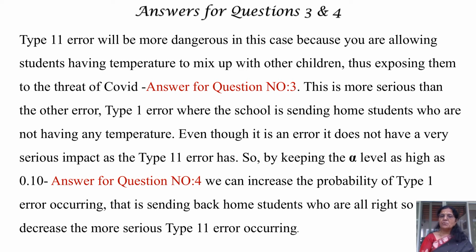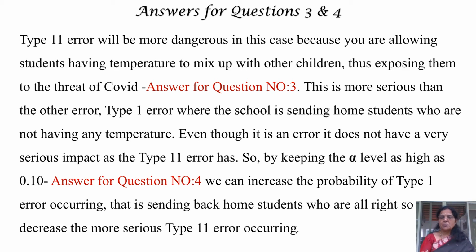But if you allow the children who have got temperature to attend the classes, they will mix up with the other children, thus exposing them to the dangers of the COVID virus. So type 2 error is more dangerous than type 1 error occurring. So the correct answer is the choice B for question number 3.